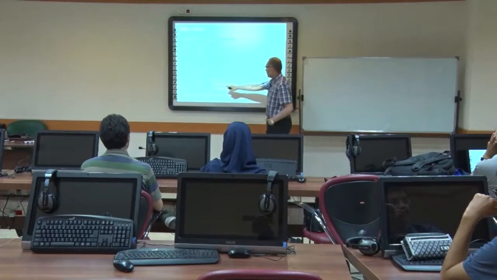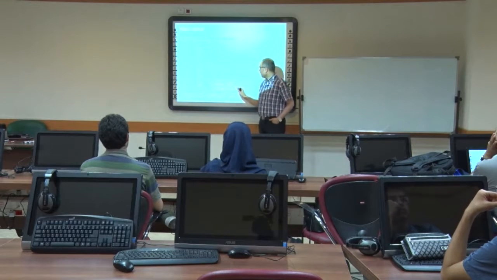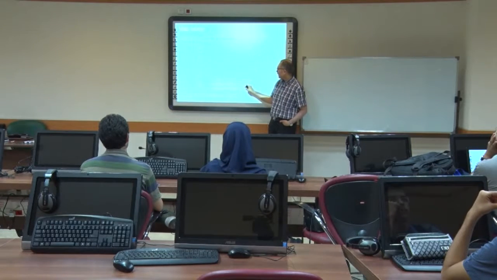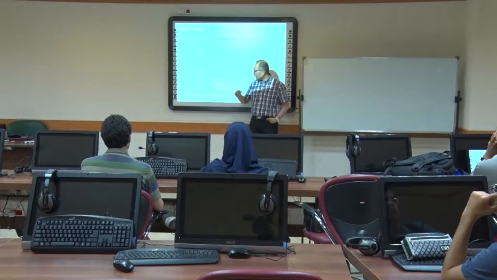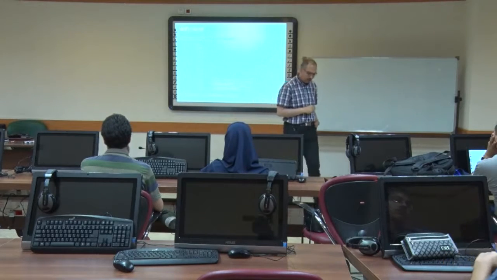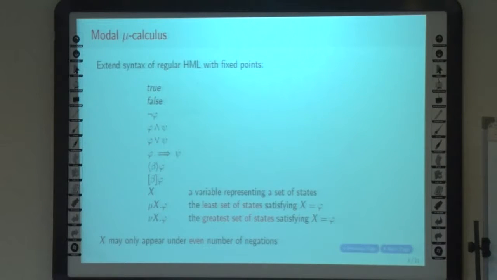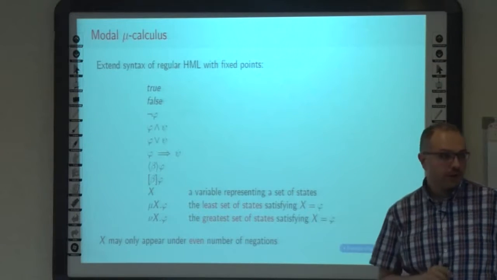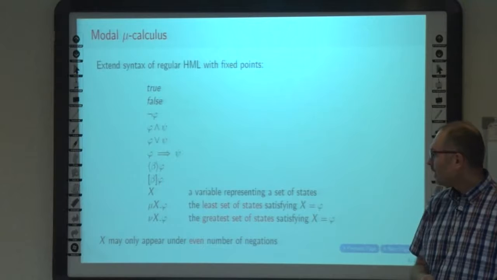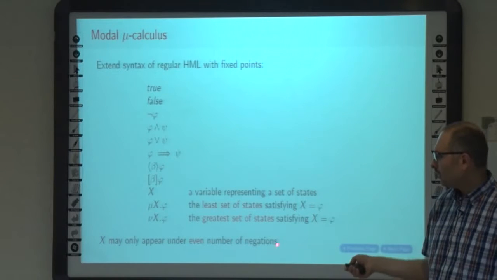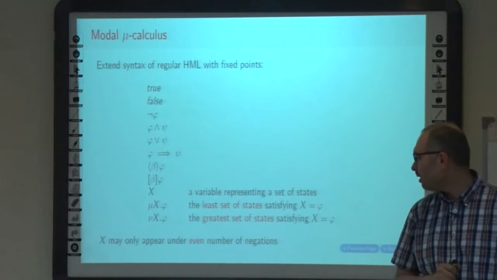So just to recap, mu x dot phi represents the minimal fixed point to the equation x is equal to phi. And nu x dot phi represents the maximal fixed point to the equation x equals phi, right? And one constraint that we always have, x may only appear under an even number of negations.